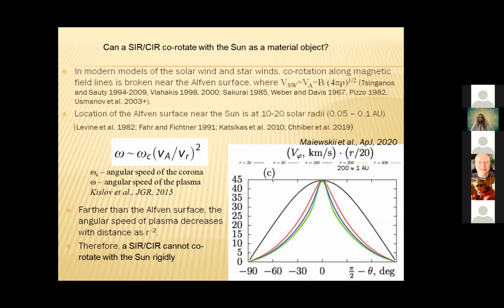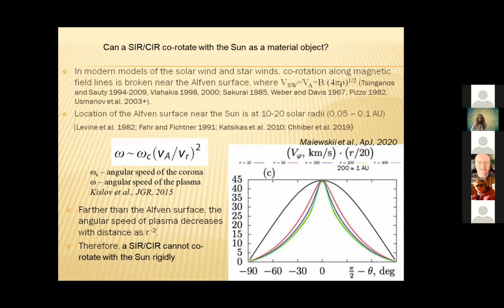Next, it's a principal question. Does the stream interaction region rotate with the Sun as a material object? The answer is no. Many studies have shown that the rotation is broken near the Alfvén surface near the Sun.